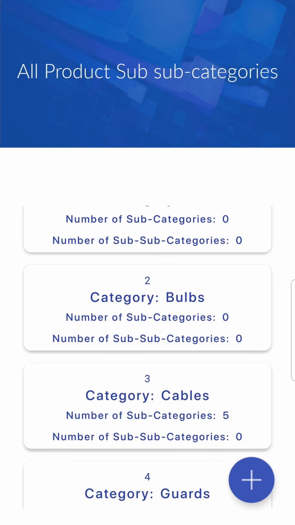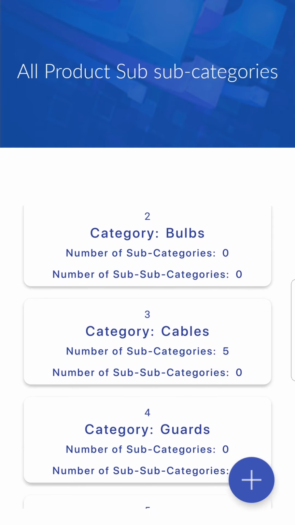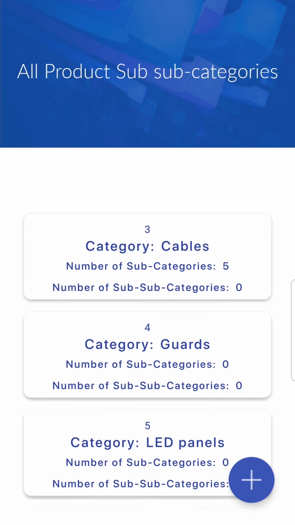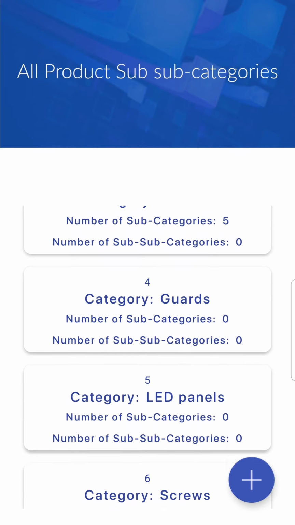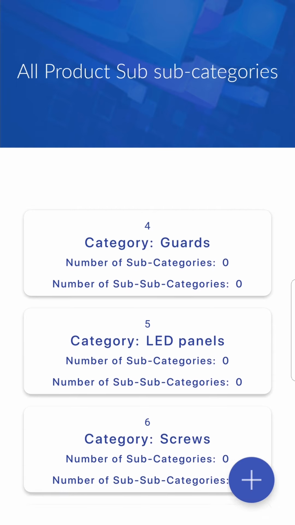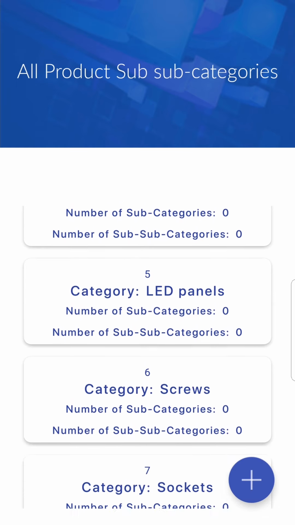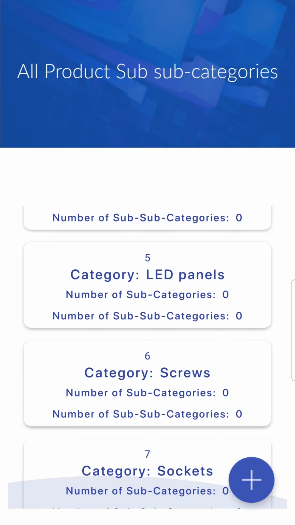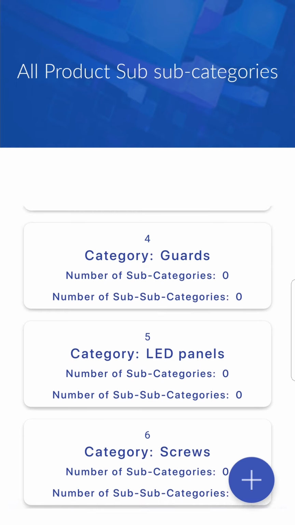Here, you will notice all the main product categories you had created in Step 1 tab, and below you will see the subcategories in that tab. In our case, it's only the subcategories which will have items. All the subcategories will be 0.